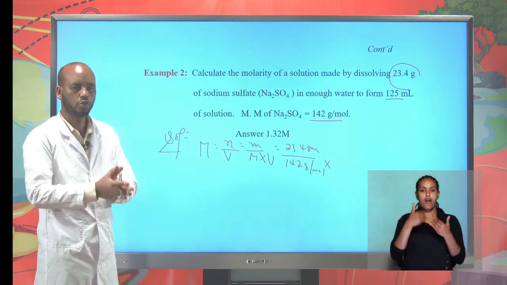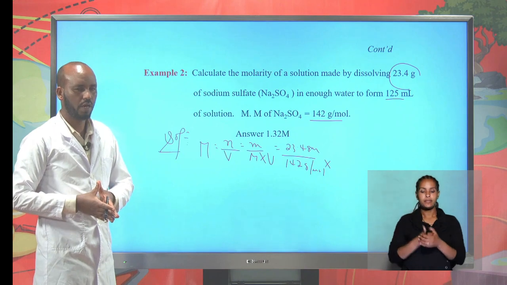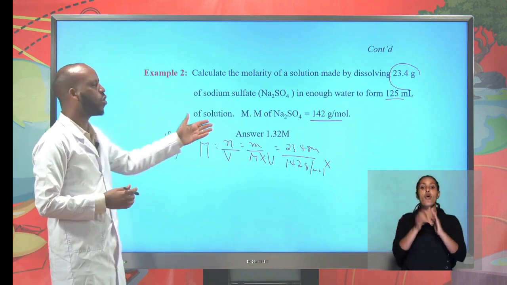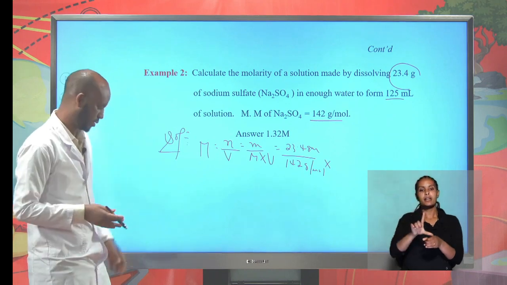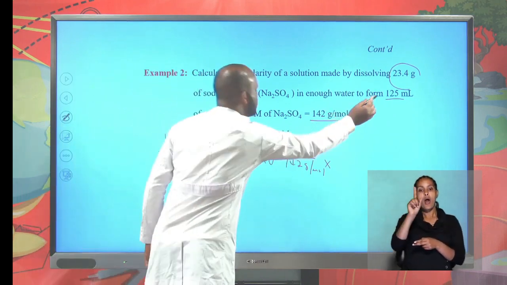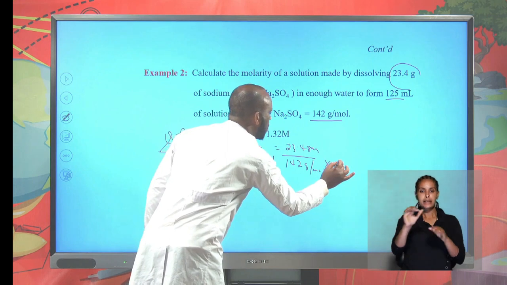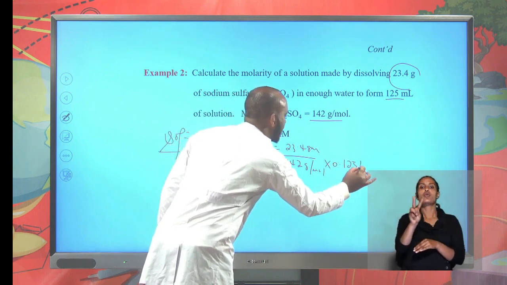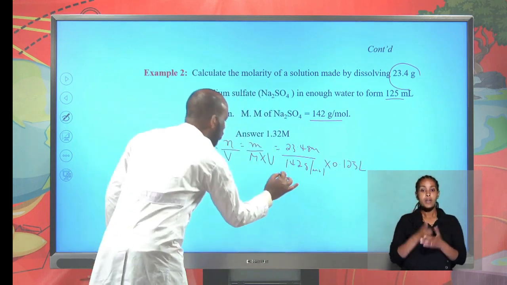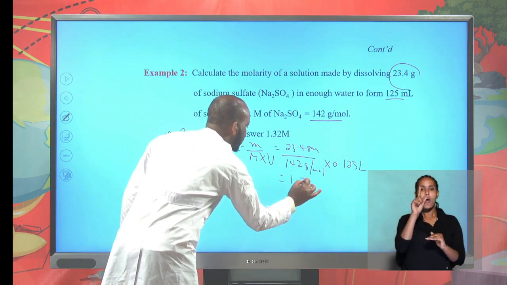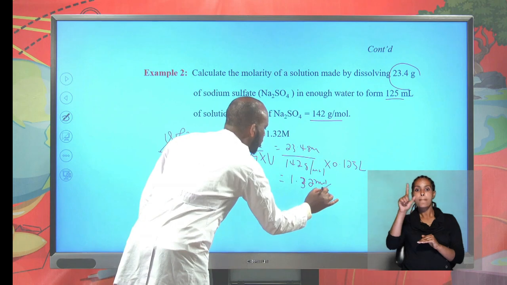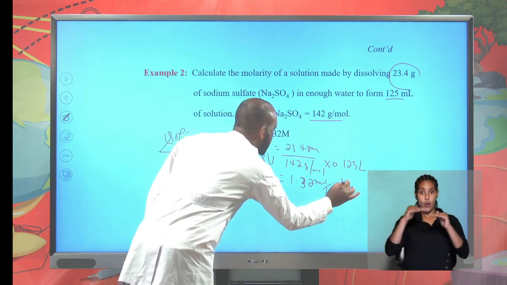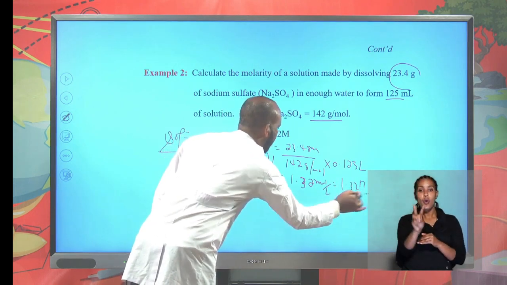You have to convert it into liters, because the unit of molarity is mole per liter, which is known as molar. 125 milliliter is the same as 0.125 liter. This equals 1.32 mole per liter, equal to 1.32 molar.